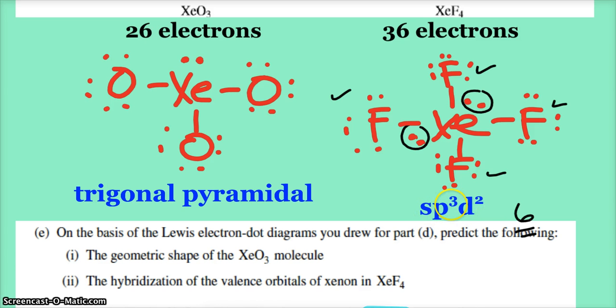S plus 3 p's plus 2 d's adds up to 6. Again, on our newer exam, they would probably only ask us for hybridization up to sp3. So you could expect maybe from a tetrahedral, or like this xenon over here has sp3 hybridization because there's 3 atoms and a lone pair.